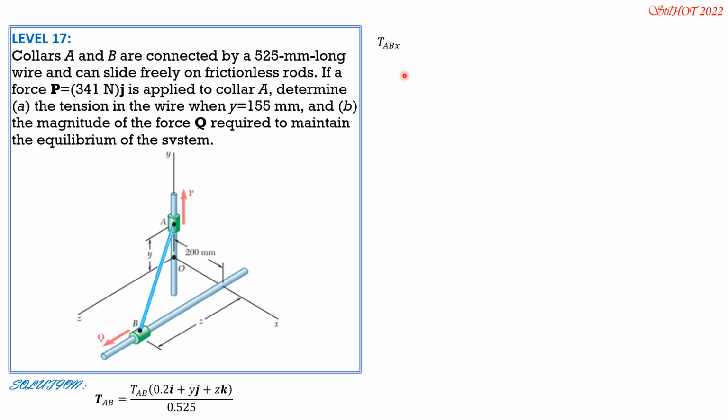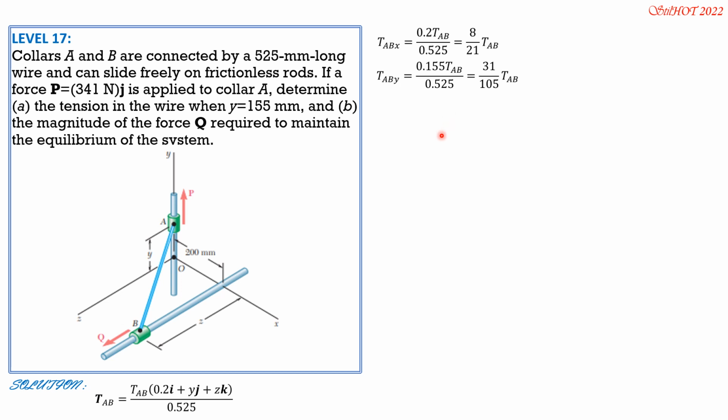So from there, the ABX, the X component of tension, is 0.2 over 0.525 of tension AB. Simplifying, that's 8 over 21 tension AB. The ABY, Y is given 0.155 meter, 0.155 tension AB over 0.525. Simplifying, that's 31 over 105 tension AB.